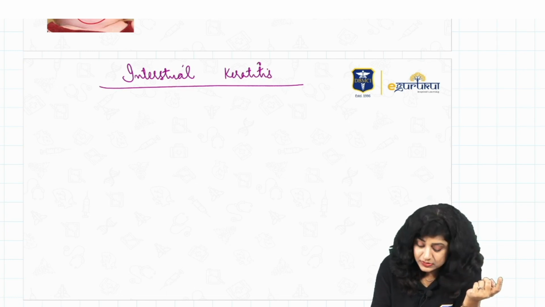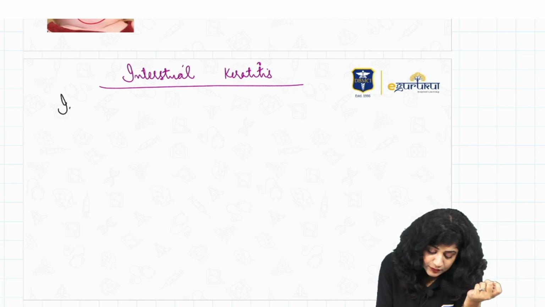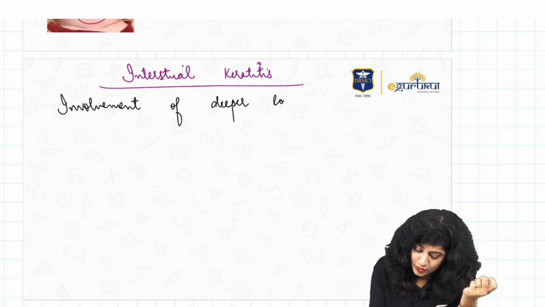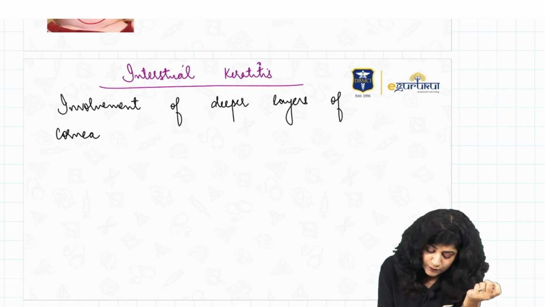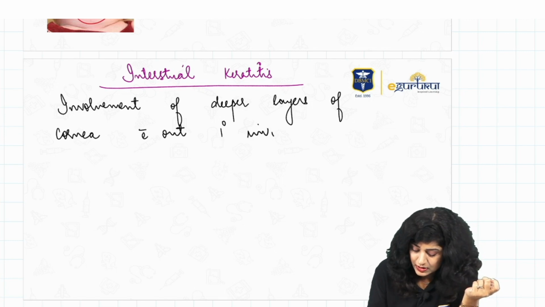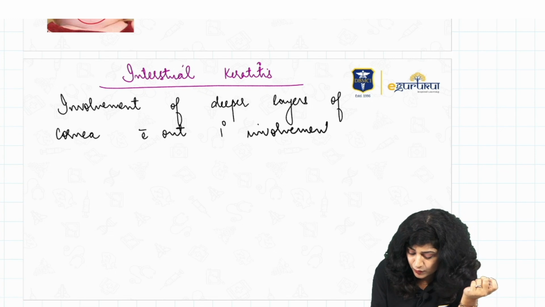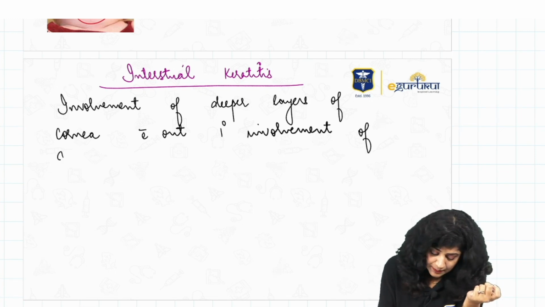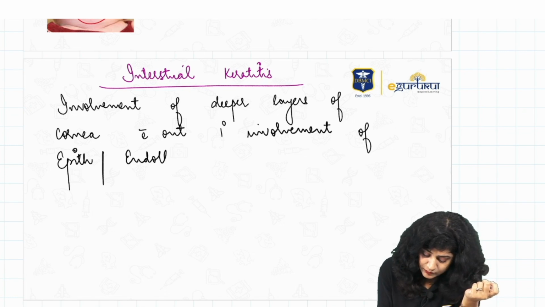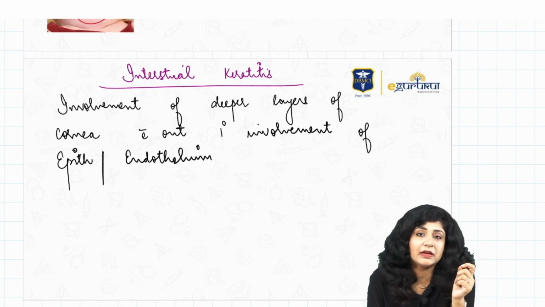Interstitial keratitis means that there is involvement of the deeper layers of the cornea, without the primary involvement of the epithelium or the endothelium.